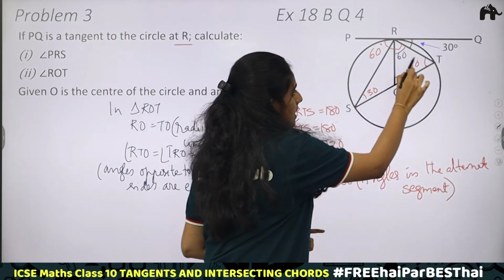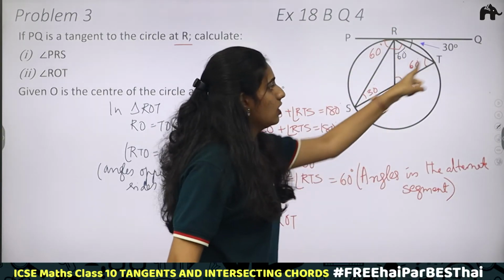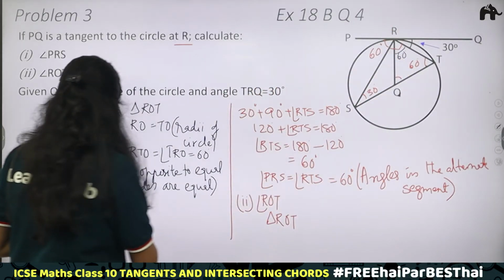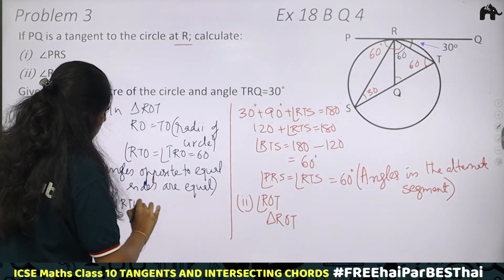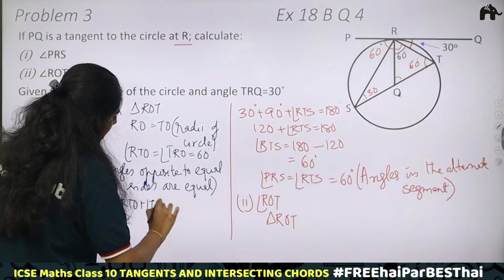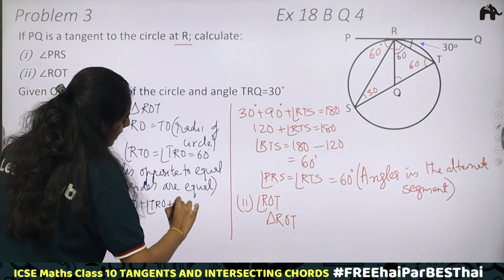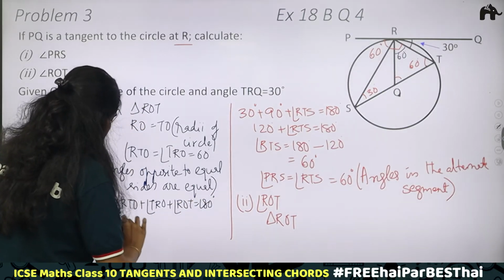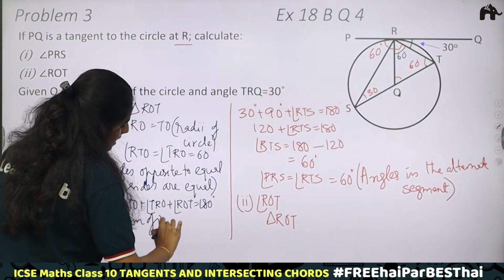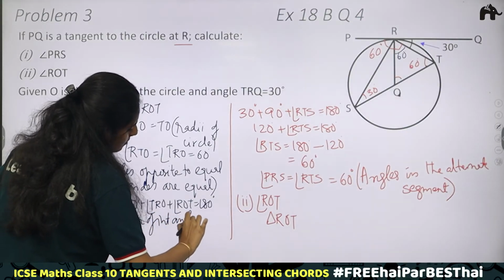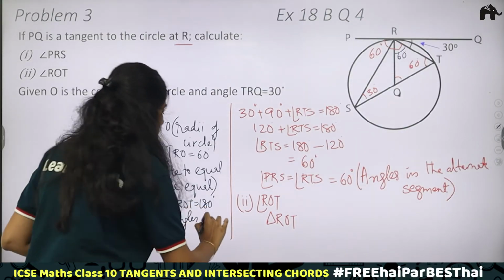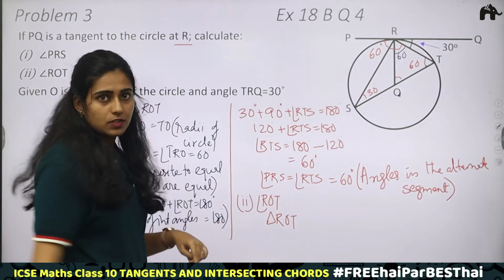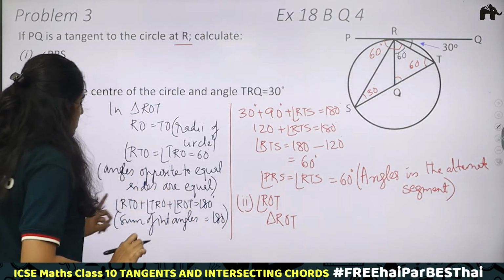If this is 60 degree and this is 60 degree, we can easily find what ROT is. We have angle RTO plus angle TRO plus angle ROT equal to 180 degree. Reason? Sum of interior angles of a triangle will be equal to 180 degrees. Okay. Now put the values.